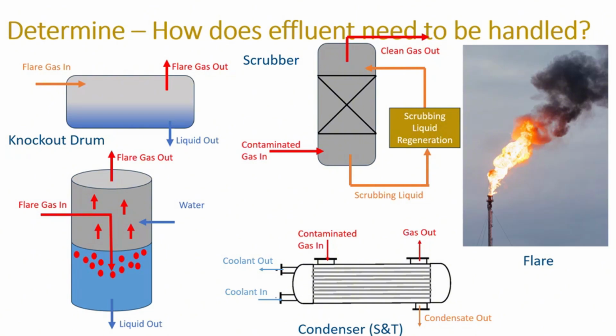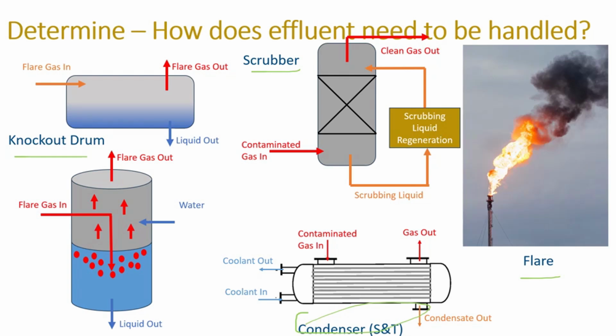So a final important part of the determine step is thinking about how the effluent needs to be handled. In a previous lesson, we saw particular unit operations that could be involved in handling relief effluent, including knockout drums, scrubbers, condensers, and flares. And based on the information that was obtained in the obtain stage, where you looked at the physical and thermal and reactive properties of the relief discharge material, one needs to make a decision on what combination of unit operations is appropriate.